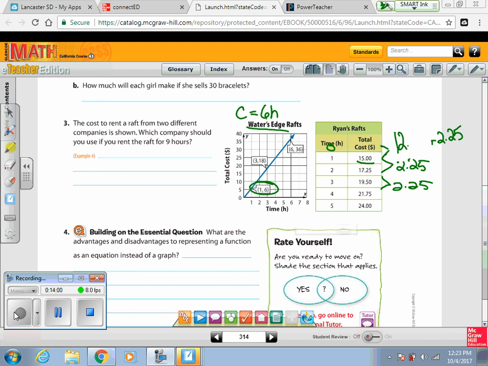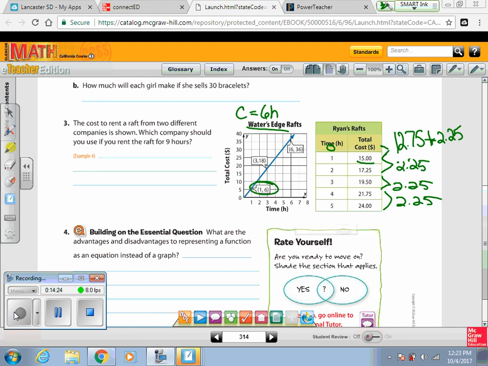Anybody? Because it's going up 2.25 all the way down. But where'd that 12.75 come from? Oh, I would guess 12.75 was their initial price. Good job. So it's like a deposit, right? They paid a deposit.